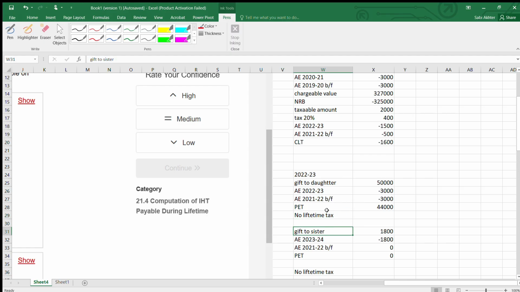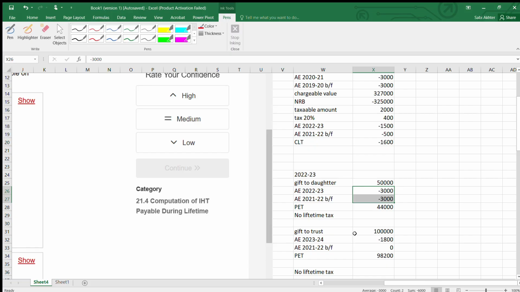Now moving on to the next case in the same tax year, that is a gift to trust. The value is 100,000. Here we don't have any annual exemption left in the current year, nor the brought forward, because we have utilized it in the gift to the daughter.